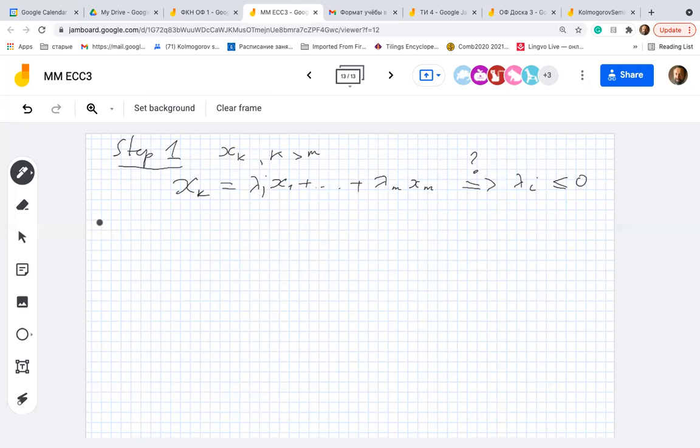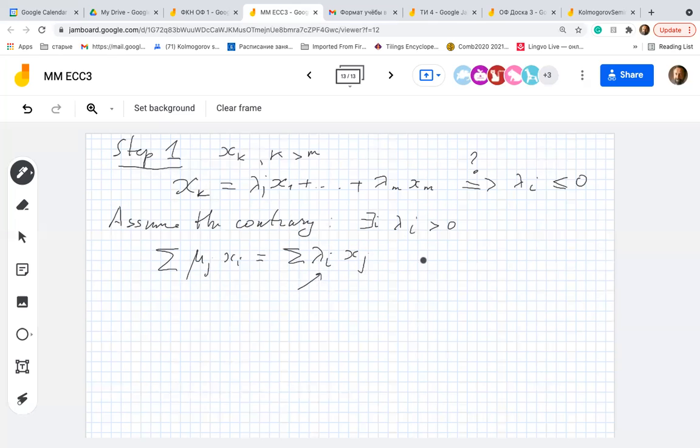So why is this? Assume the contrary. That is, that there is a positive coefficient. Then we will do the same trick as before. We will move all terms where lambda i is negative to the left-hand side. So we will obtain some sum of mu j xj equal to some sum of lambda i xi.